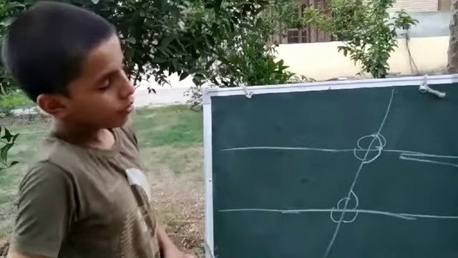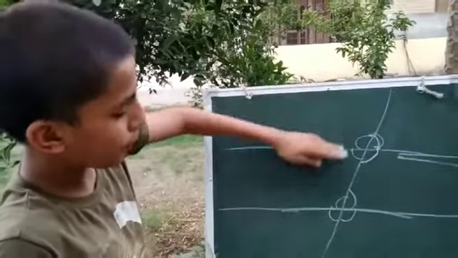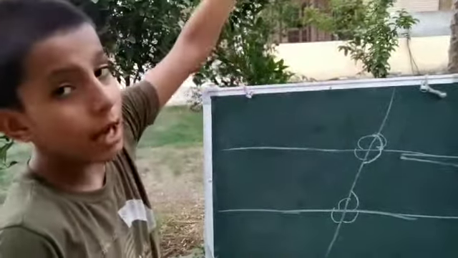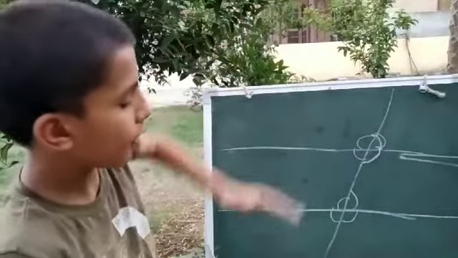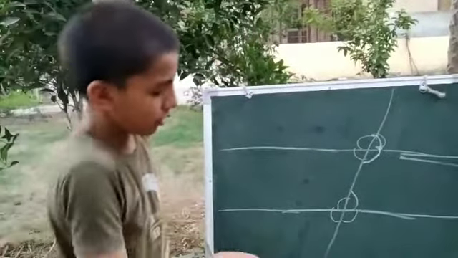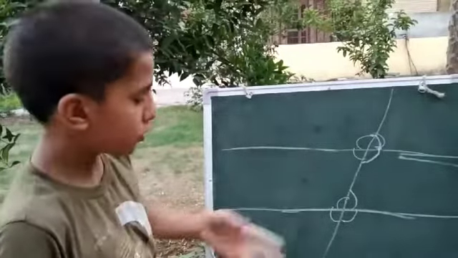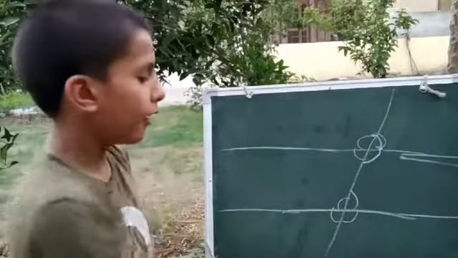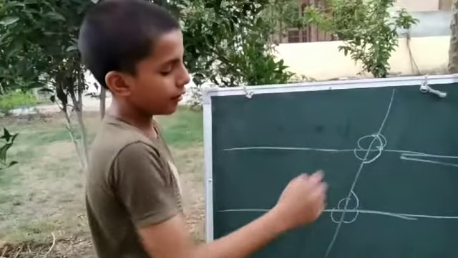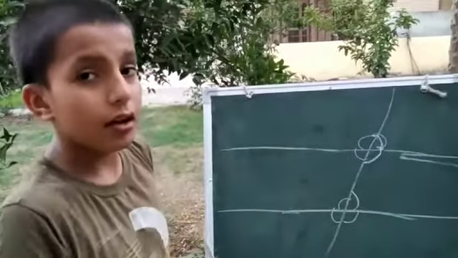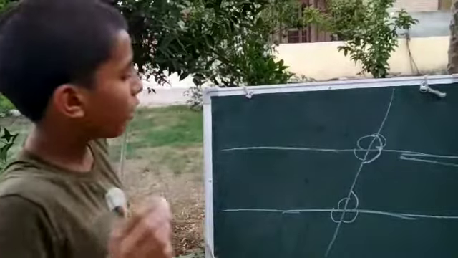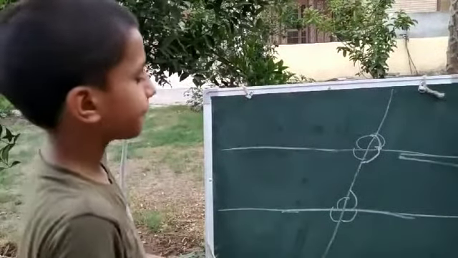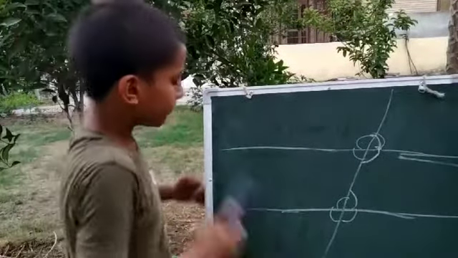So we know that the outermost angles are known as exterior angles, and these are also in the outer part of this line. So they are known as exterior angles, and these both that are inner in these lines, they are known as interior angles. Okay.